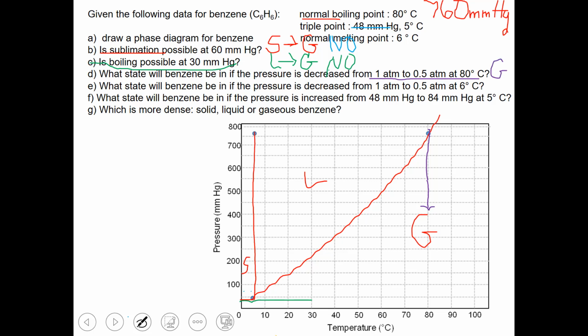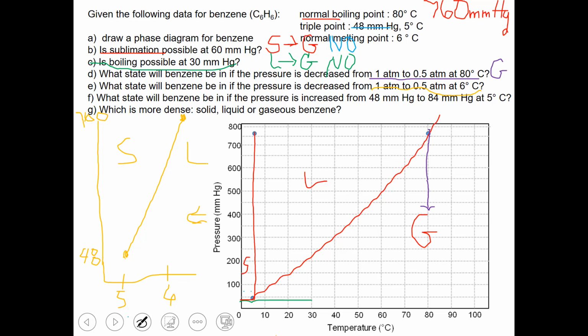Our next question asks, what state will benzene be in if the pressure is decreased from 1 atmosphere to 0.5 atmospheres at 6 degrees Celsius? So what I'd like to do is just expand the temperature range from 5 to 6 degrees Celsius so we can see that the line between the solid and the liquid phase tips to our right.